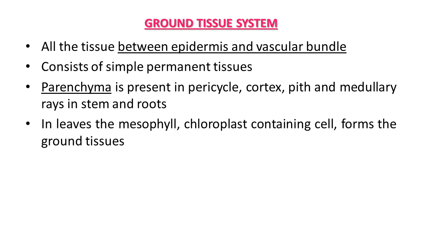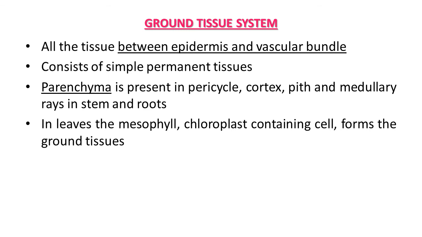It consists of simple permanent tissue. Parenchyma is present in the pericycle, cortex, pith, and medullary rays in stem and roots.